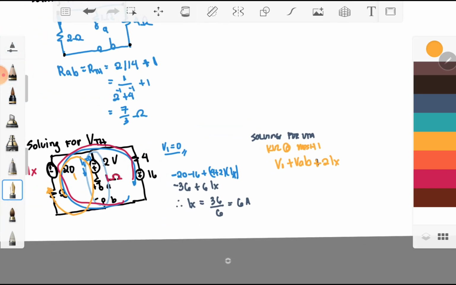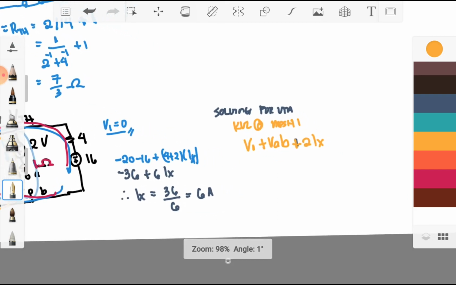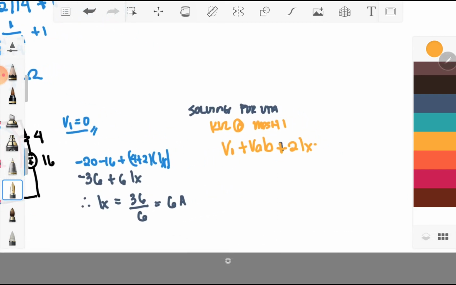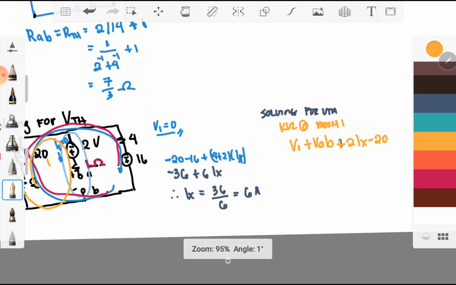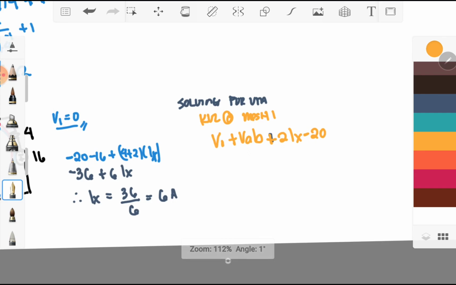Take note that our direction is going with the flow of your IX. So it is positive. So plus 2IX minus 20 volts, minus, so we enter here at the negative of the 2 volts. So this is also minus. Minus 2 volts.